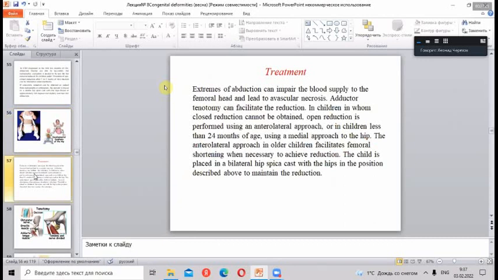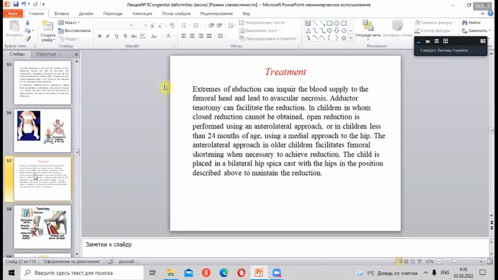Excessive abduction can impair the blood supply to the femoral head and lead to avascular necrosis. Adductor tenotomy can facilitate reduction in children in whom closed reduction can be obtained. Open reduction is performed using an anterolateral approach, or in children less than 24 months of age, using a medial approach to the hip.